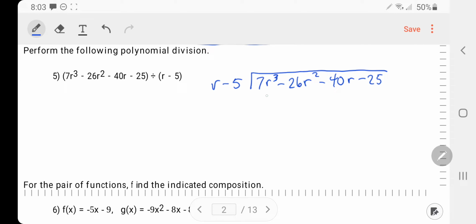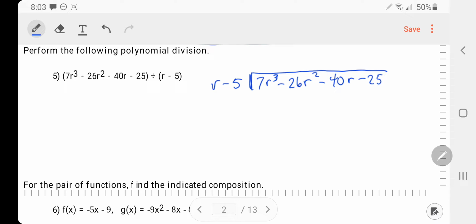And I do want to make sure you understand that under the dividing symbol, all of that stuff, that's called the dividend. Every power of the variable has to be represented. So if you start with r to the third, then you also have to have an r squared, an r to the 1, and a constant. All of those terms have to be represented. If any of those are missing, you need to fill in a 0 placeholder.